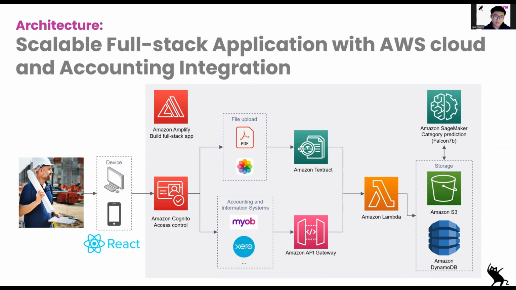Amazon SageMaker will perform the categorization using an AI-based large language model, such as Falcon 7B, which has been selected instead of larger models such as GPT-4 for its cost effectiveness and ease of fine-tuning. Our user interface leverages React for its efficiency, interactive capabilities, and robust community support.